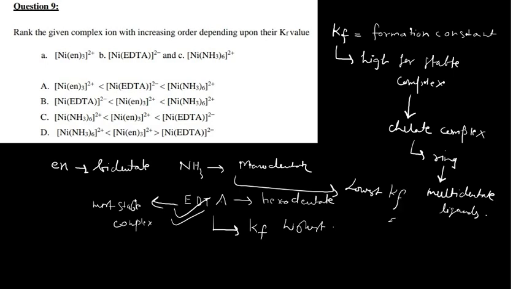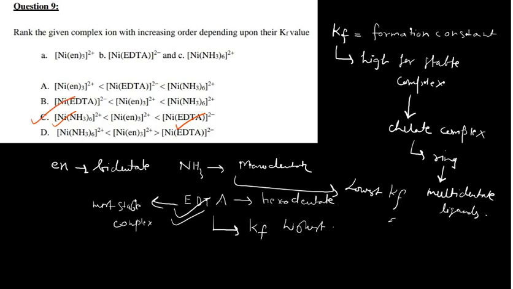So now we can check the options. In that case, you can see ammonia is having the lowest value of the Kf, and this EDTA complex, which is of nickel, all complexes are of nickel, it is having the highest formation constant. So option C is the correct answer in that case.